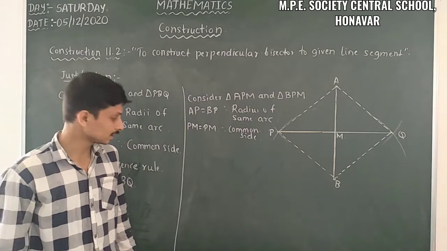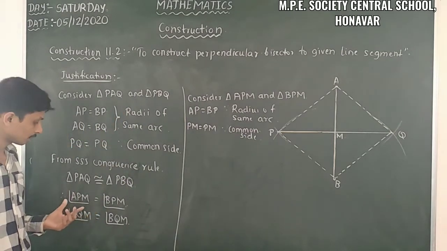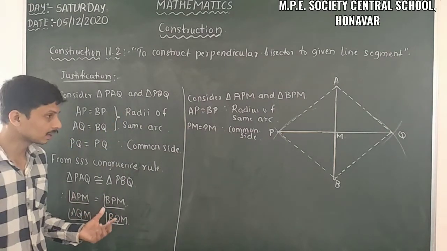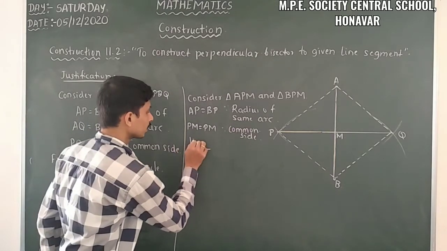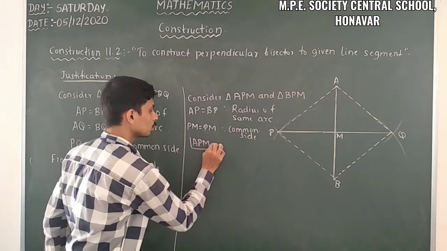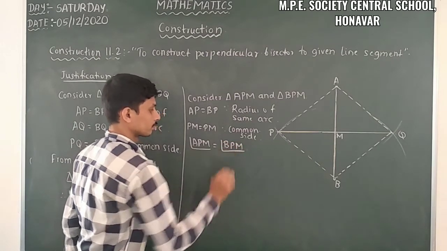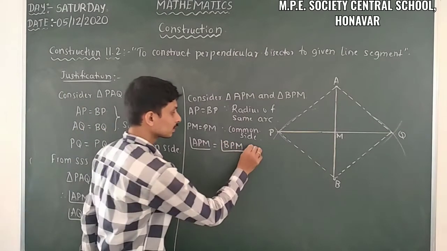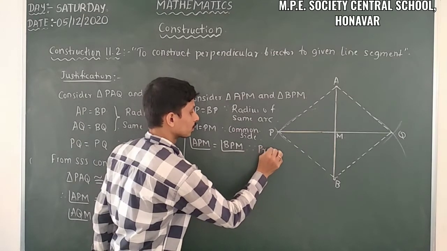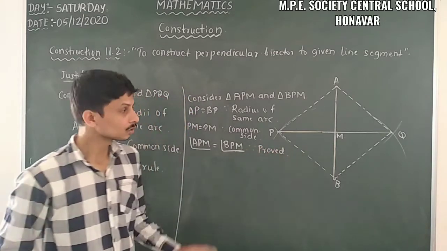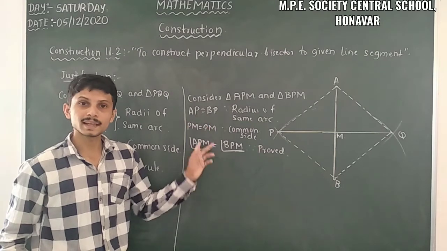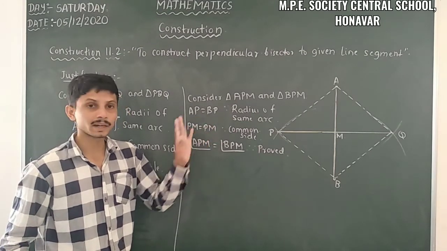Then any other equalities? Already we proved that one. Angle APM is equal to angle BPM. That we have proved. That one we proved here last. So here we have the SAS congruence rule, side angle side congruence rule.